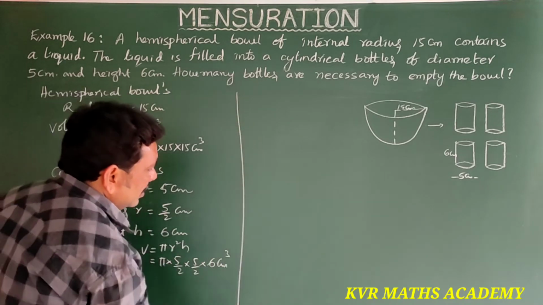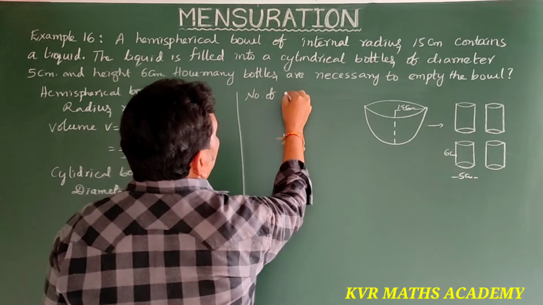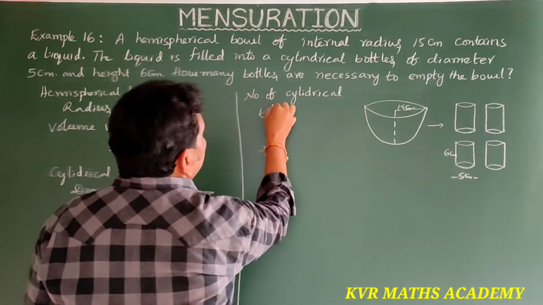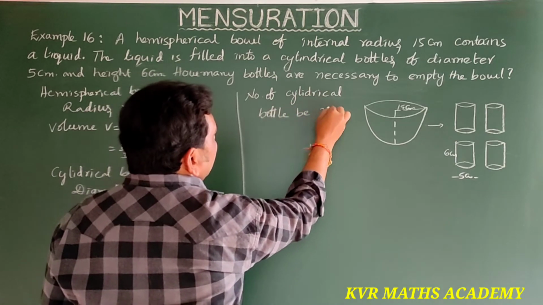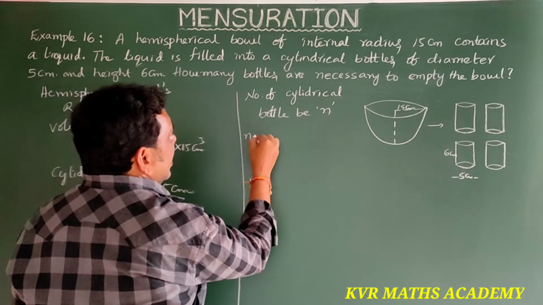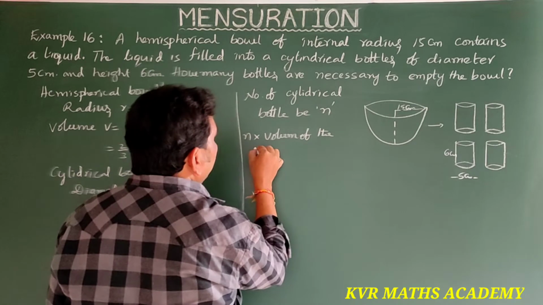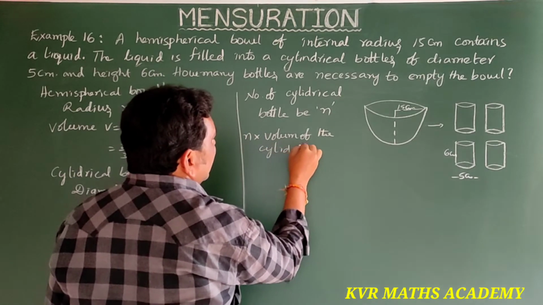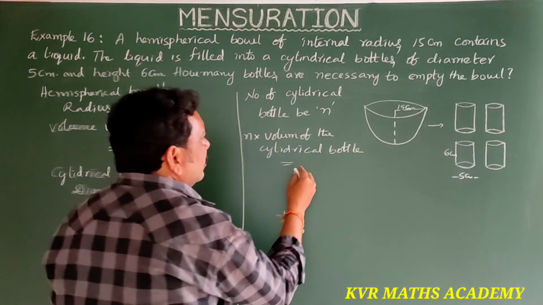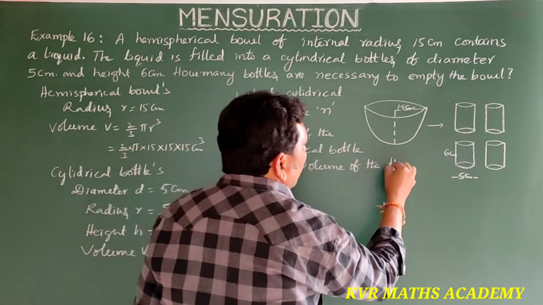So, the number of cylindrical bottles we say as N. Here, N into the volume of the cylindrical bottle is equal to the volume of the hemisphere, right?